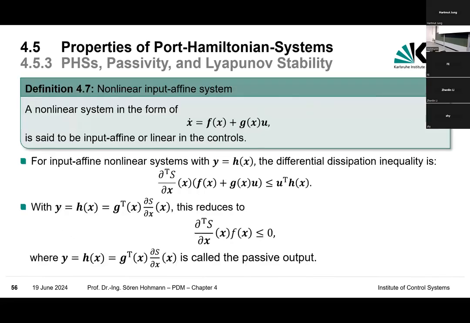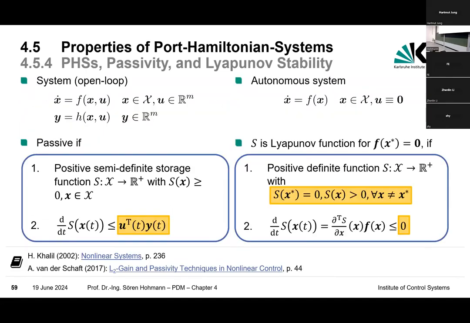And I skipped some slides, and I want to put this in the following setting. Here's the Lyapunov theory. If you have an autonomous system, x dot is equal to f of x, and you ask the question whether the trajectories x go to the point zero, to the origin.